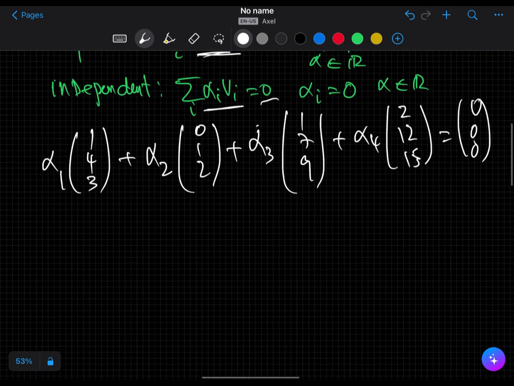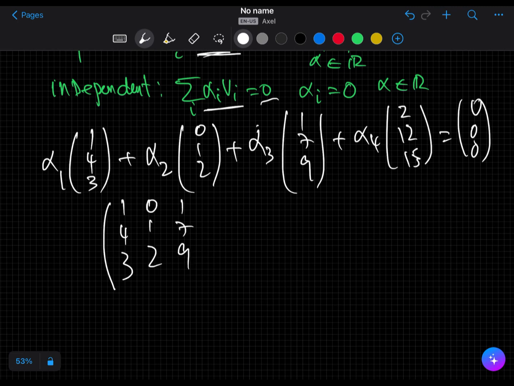We can put this in the form of an augmented matrix this way.